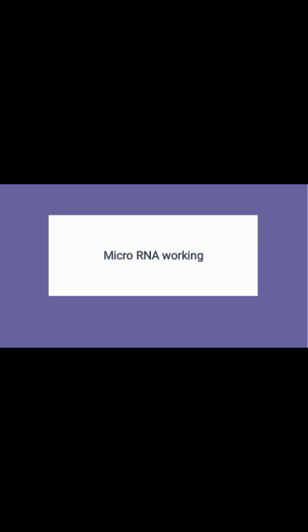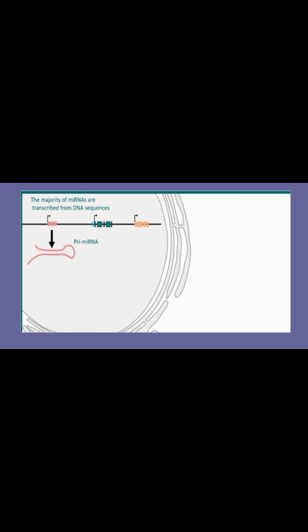So first, let's see how microRNAs work. There are dedicated genes in our genome for microRNAs. These genes don't encode a protein, but they encode a microRNA. The first transcript that comes out of these genes is known as the primary microRNA transcript.